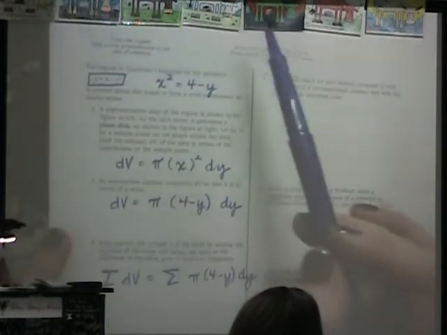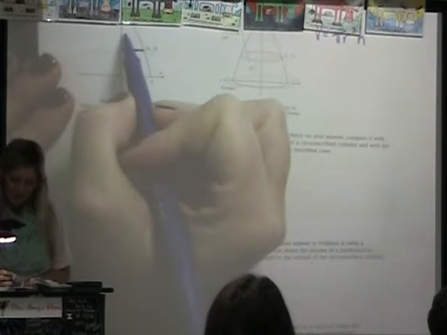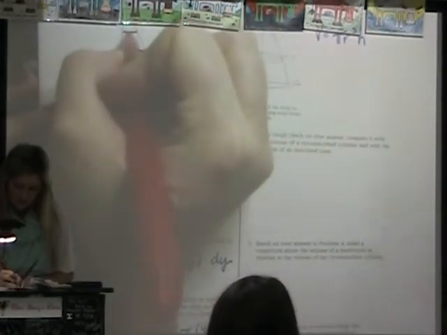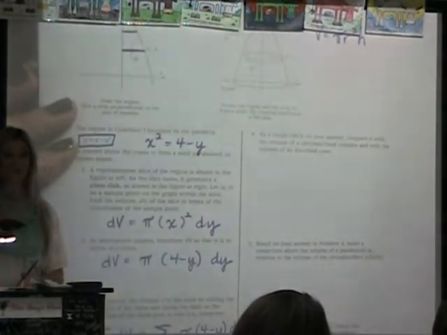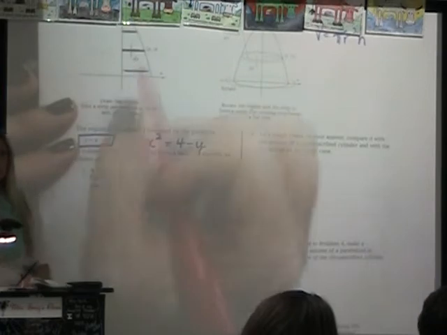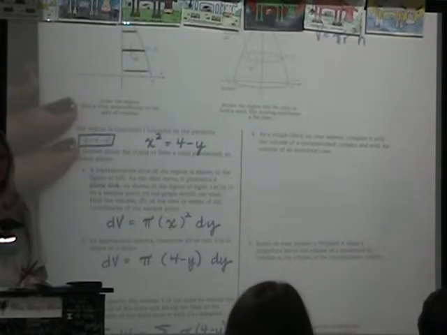So what they're saying is, we're not just finding the volume of one disk. We're going to pick another piece up here, and we're going to rotate that around the y-axis, and find the volume of that disk, and then pick another piece down here, rotate that around the y-axis, and find the volume of that piece.